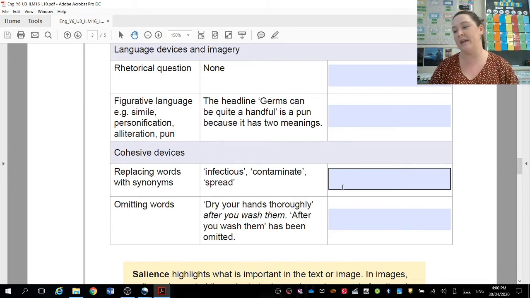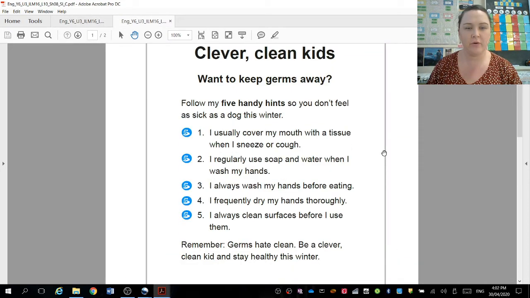Instead of saying infect, you could say infectious, those kinds of things. So you want to look for what words in here have been replaced. Let's have a look at the clever, clean kids. I don't know that they are doing this, because they use always, usually, frequently, regularly.